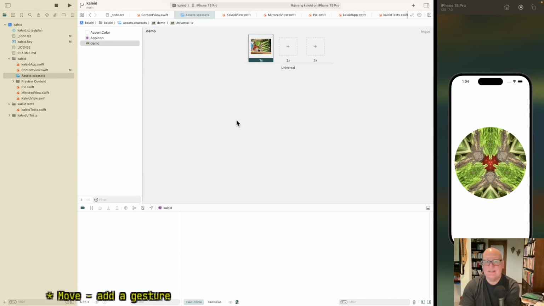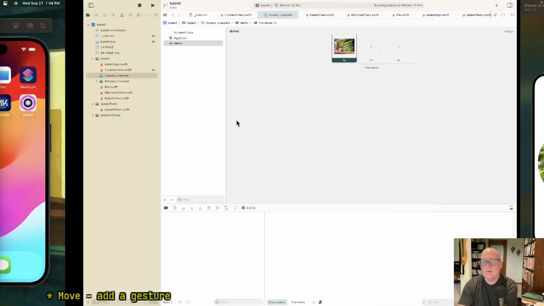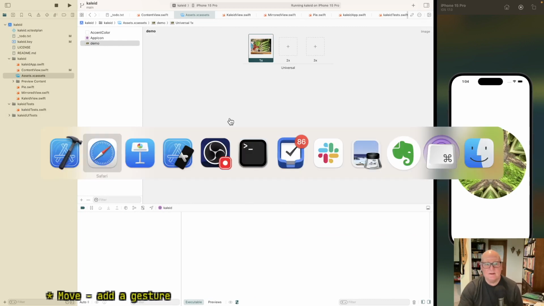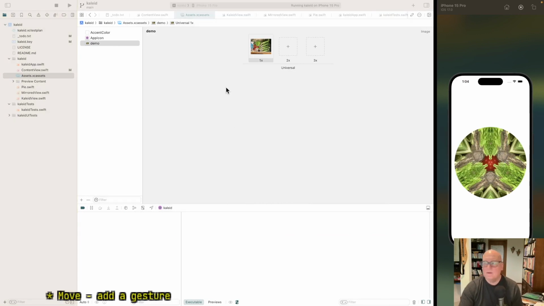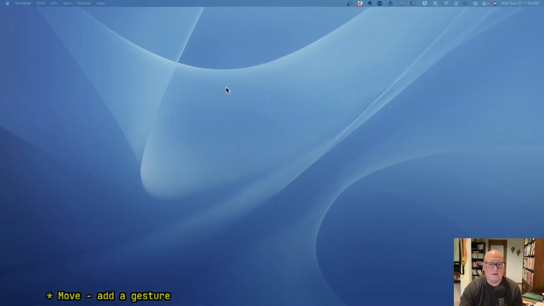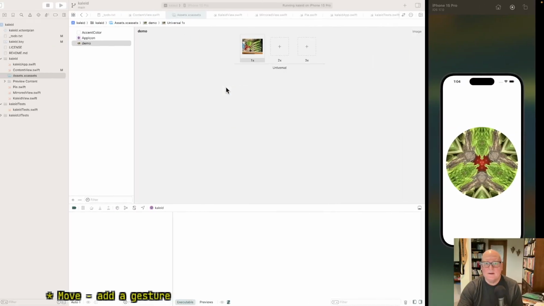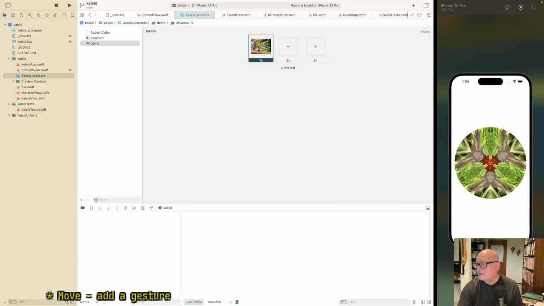Hopefully. Where is it going to put it? Preview. Sorry, I don't see it in any window. Well, okay. At any rate, we've got this picture.